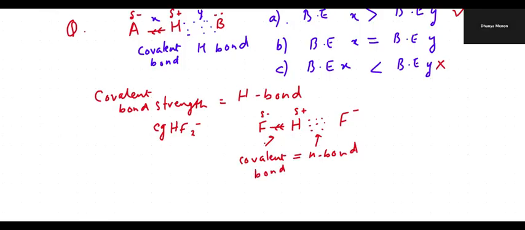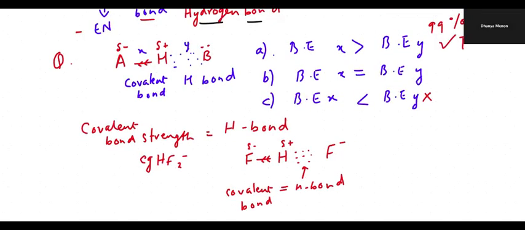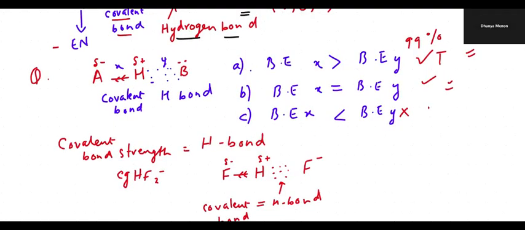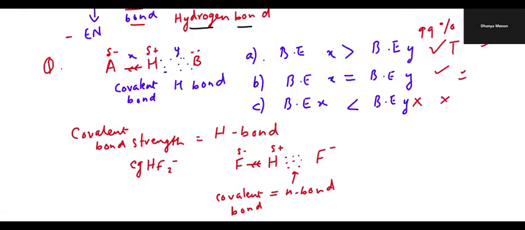Okay, so this is the special case where the hydrogen bond strength is equal to that of the covalent bond. So 99% of the time covalent bond is stronger than hydrogen bond. This is true 99%. So this is the special case, the example that I have given. Okay, third option is totally incorrect. Just a special case here.